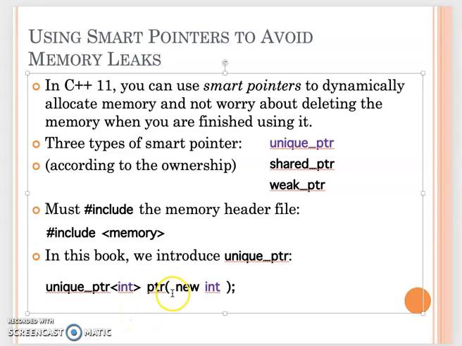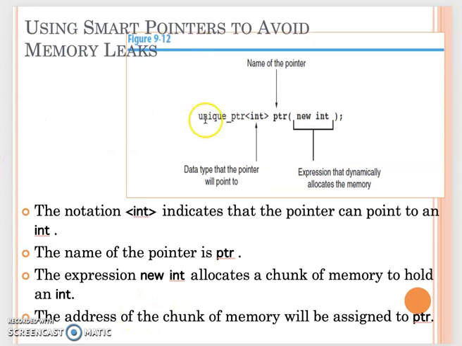After we write it like this, the unique_ptr angle brackets contain your data type, which is the data type the pointer will point to. The ptr is the name of the pointer. Then the parentheses contain the expression that dynamically allocates the memory.